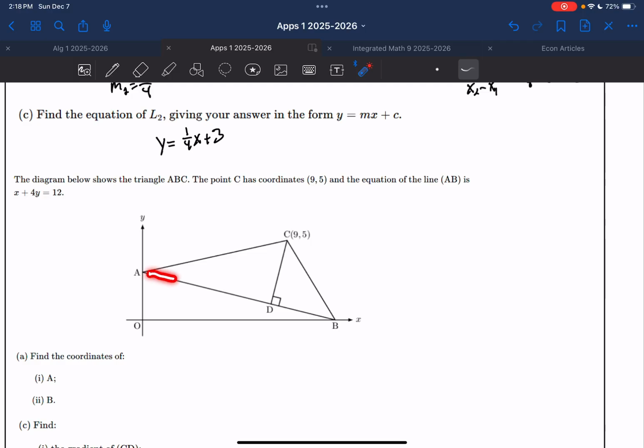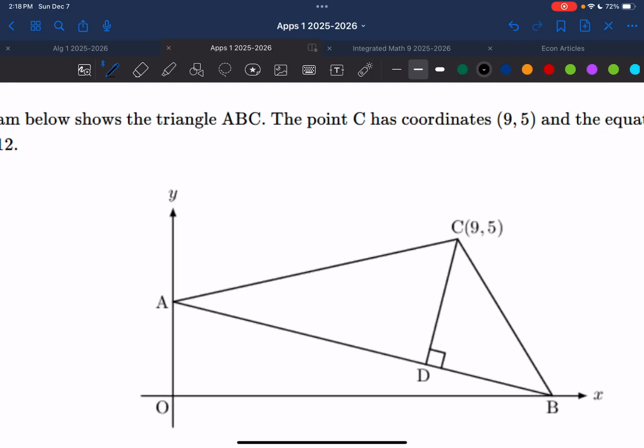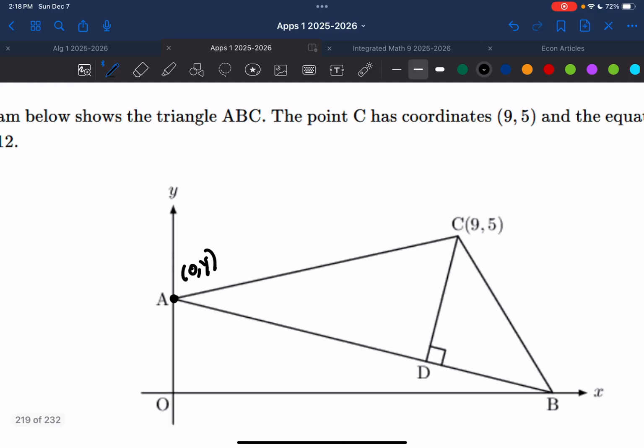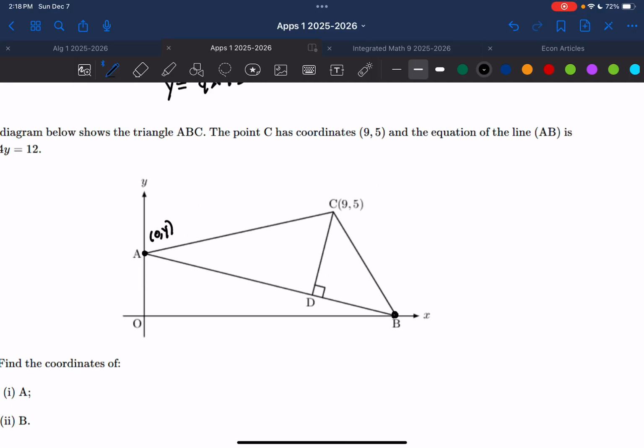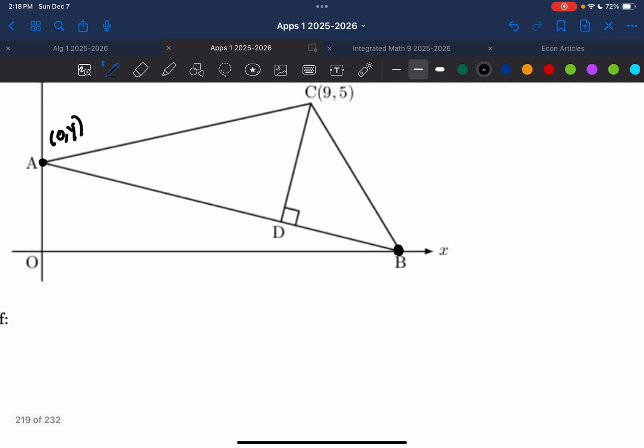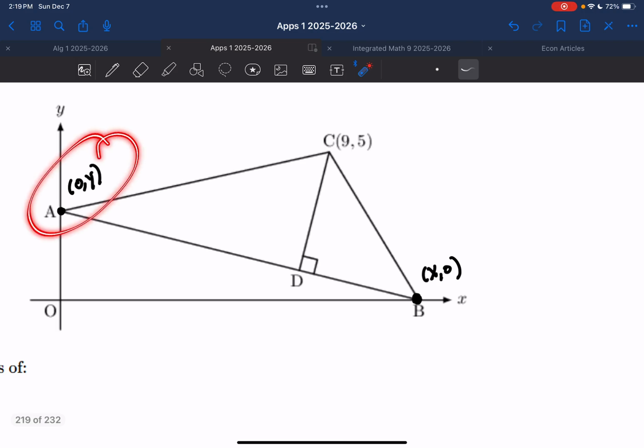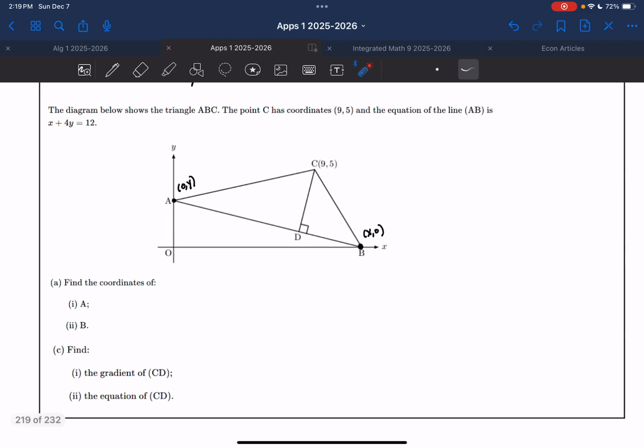So this is going to be the point (0, y), and over here, this is going to be (x, 0). So x is 0 for A, and y is 0 for B, because they are the y and x intercepts.